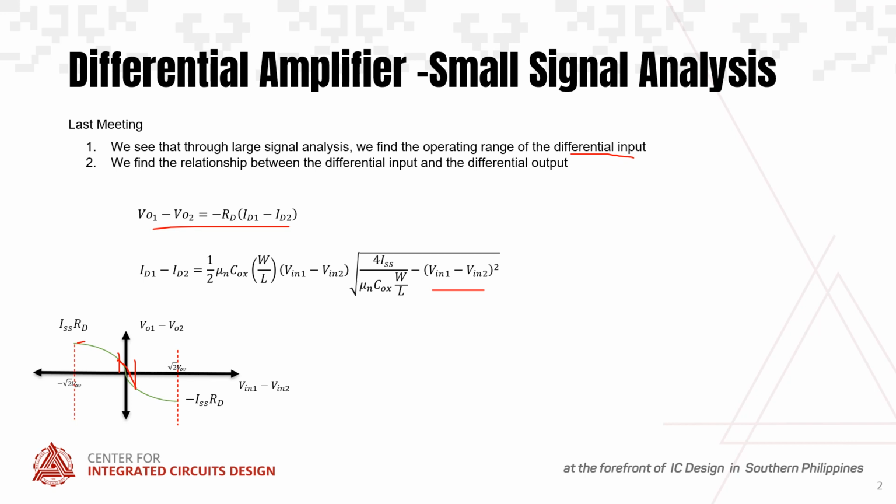And in order to get that, we also define that this Vn1 minus Vn2 here must be very much less than the overdrive. So this Vn1 minus Vn2 in here must be very much less than 2 times the overdrive.